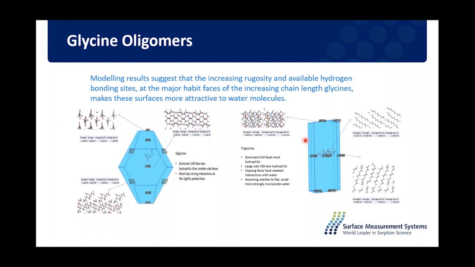So when we go to larger and larger chain lengths, we get more and more hydrophilic surfaces exposed, which explains both the increase in the polar nature and the increased sensitivity to moisture. So this is an example of how I can use surface energy to look at very subtle differences in surface chemistry. Even though it's essentially glycine, as we add the chain length, the surface chemistry changes significantly.